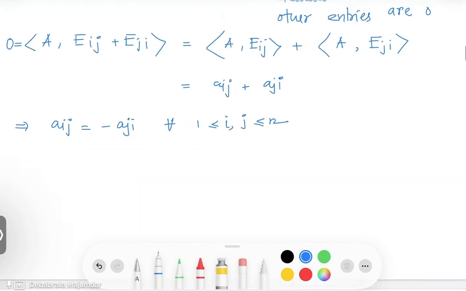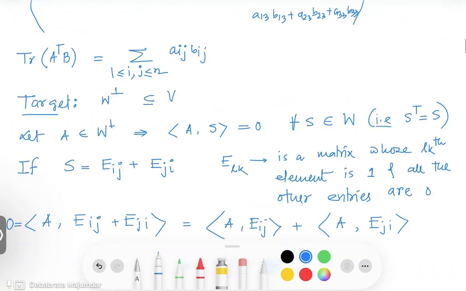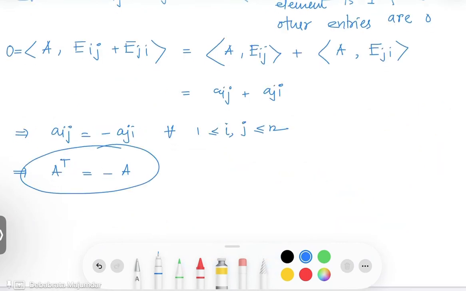So, and what is Aij? Aij is an entry in A. So from here I can say A transpose is basically minus A. So what we have, I just take an element from the W part and I show it is, what is it?